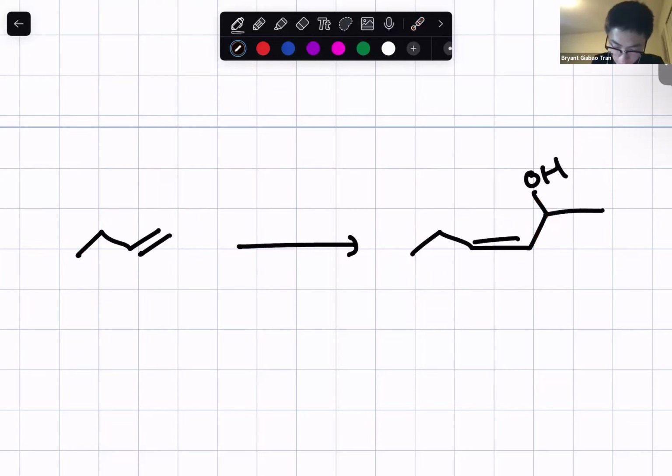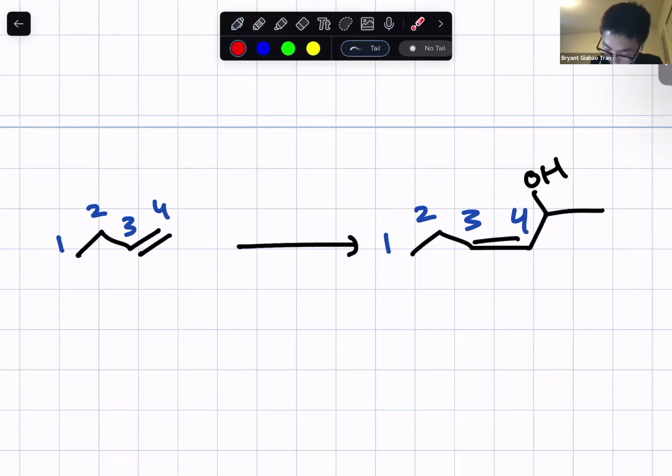Right. So let's first think about what's similar between these two molecules. We have a 1, 2, 3, 4 carbon chain right there, which I'm going to say is this 1, 2, 3, 4 carbon chain right there. The new group that we added is that new R group with the alcohol right there.